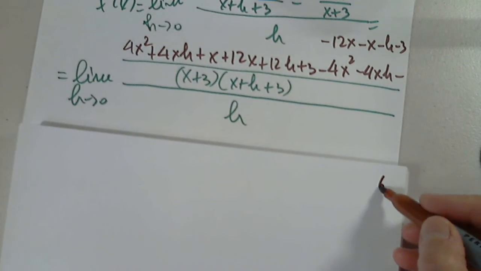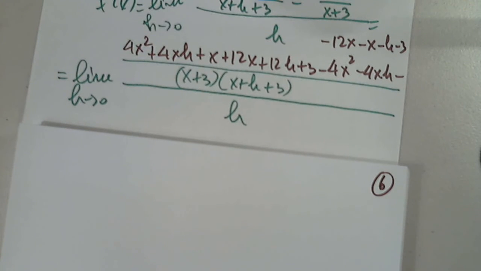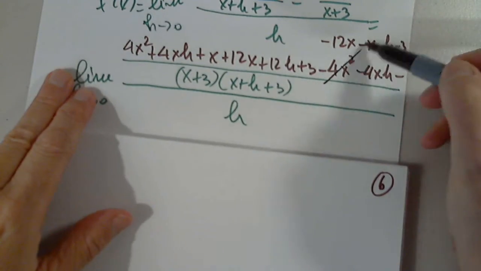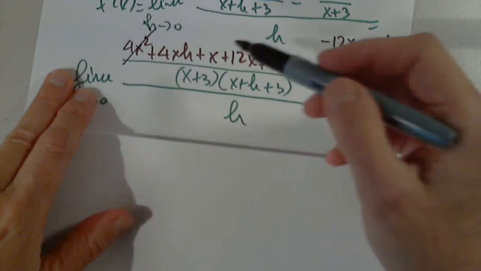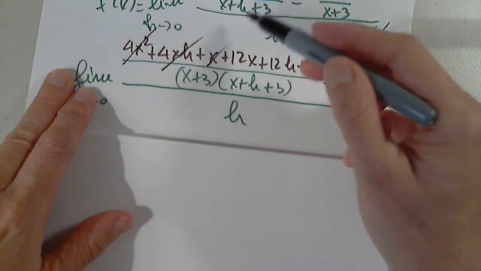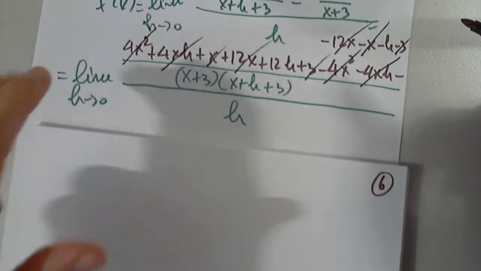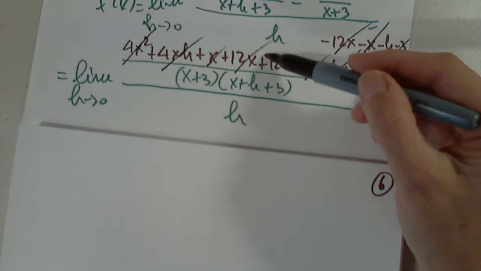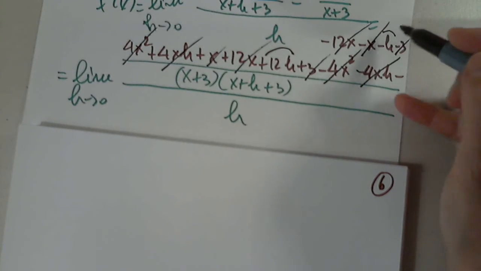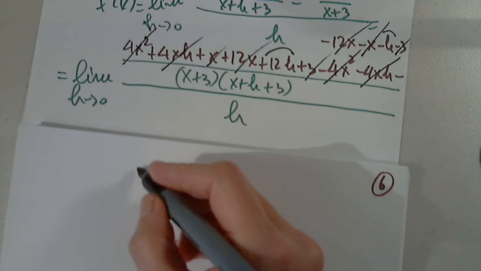And as we know, two things are mandatory, have to happen. All terms without h must go away. And maybe more, that's a bonus, that's fine. But all terms without h must go away. And they do. And the remaining terms are positive 12h minus an h, which is positive 11h.